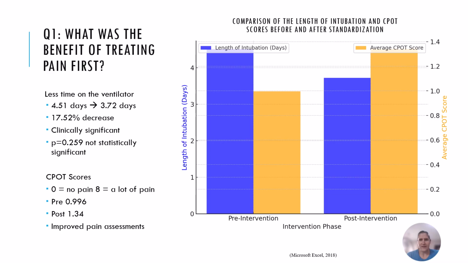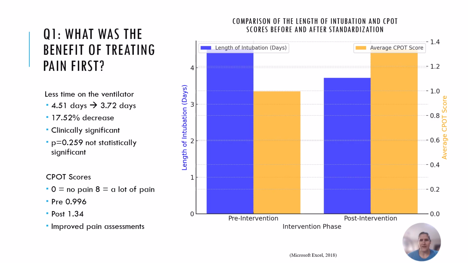This increase suggested better pain detection, which could have led to more appropriate pain management in these patients. However, the Mann-Whitney U test for the CPOT score showed no statistically significant difference. These small effects indicated minimal measurable impact of standardizing the CPOT.